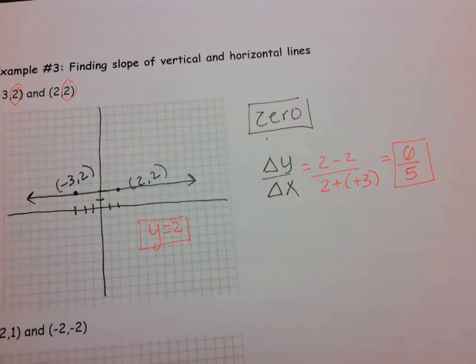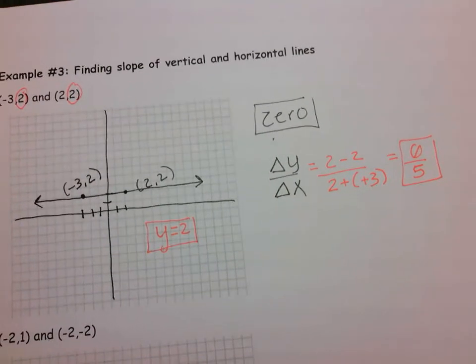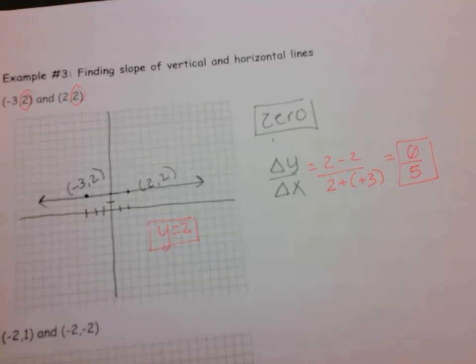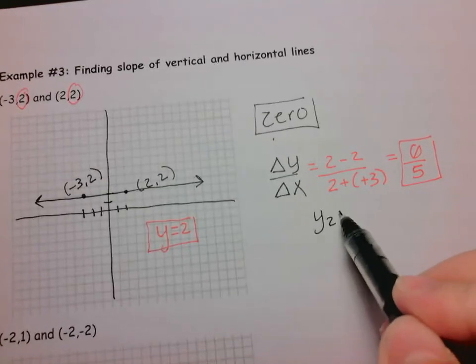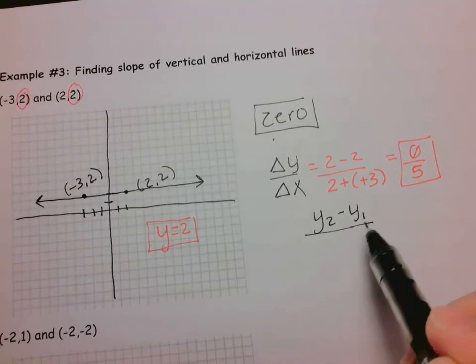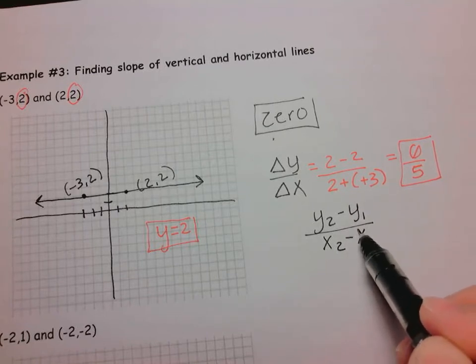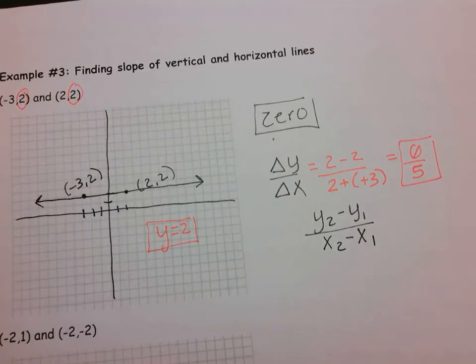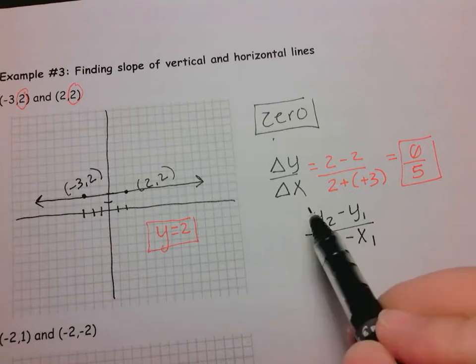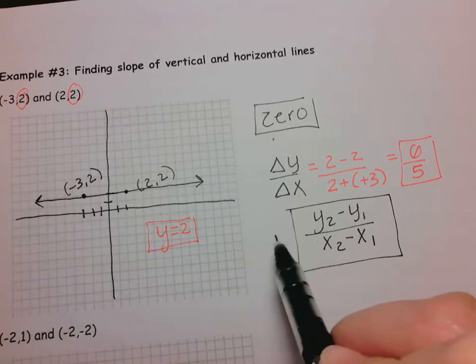When I do y2 minus y1 over x2 minus x1, you do have to memorize this formula. There are a lot of formulas you do have to memorize in chapter 5 here, and so start making note cards right now. This is going to be your first one, and you're going to call this slope.